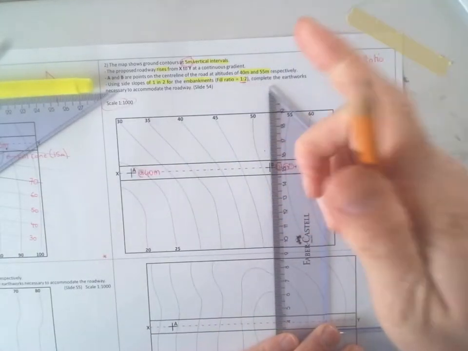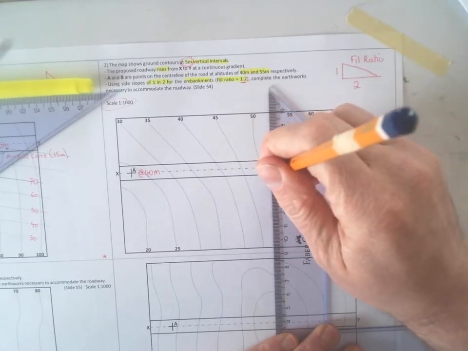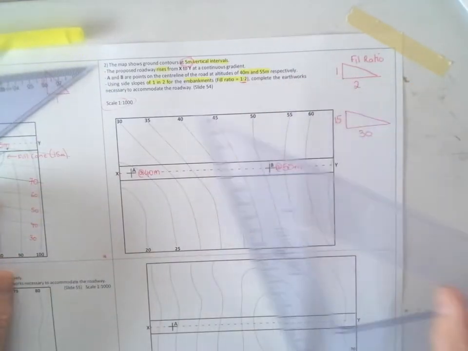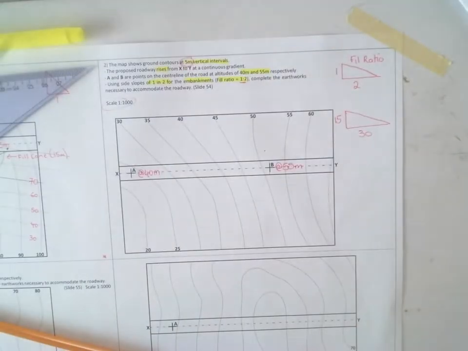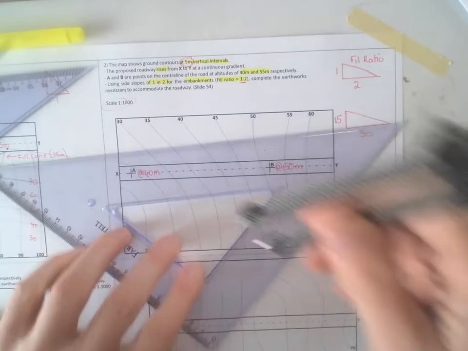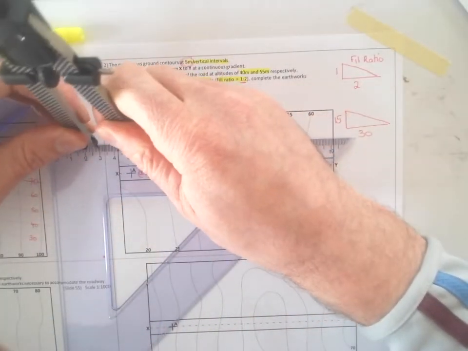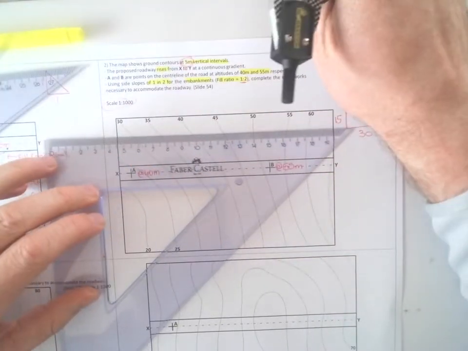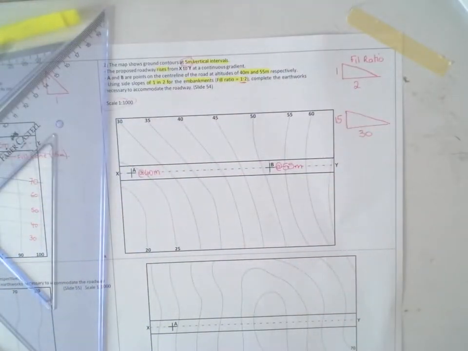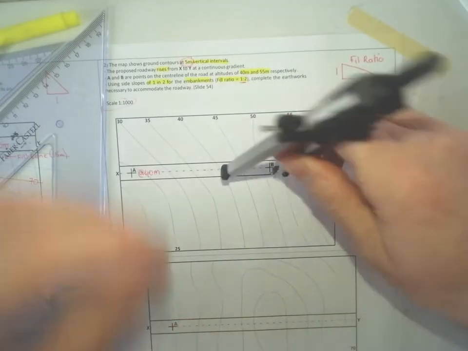You can just extend the B out on both sides to the edge of the road. We'll do one side at a time. Take radius 30.